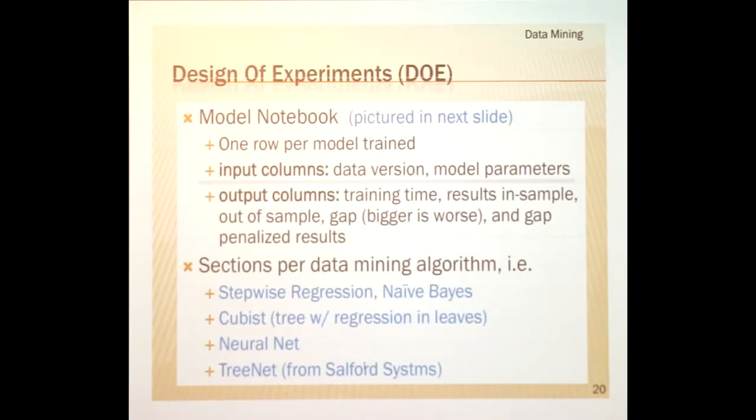I would have some input columns, like the data version and the different model parameters, and output columns like the training time and the results in sample and out of sample. I would use this gap penalized result because I would want to make sure things are very general, especially since there's no data mining consultant shipping with it to review things.